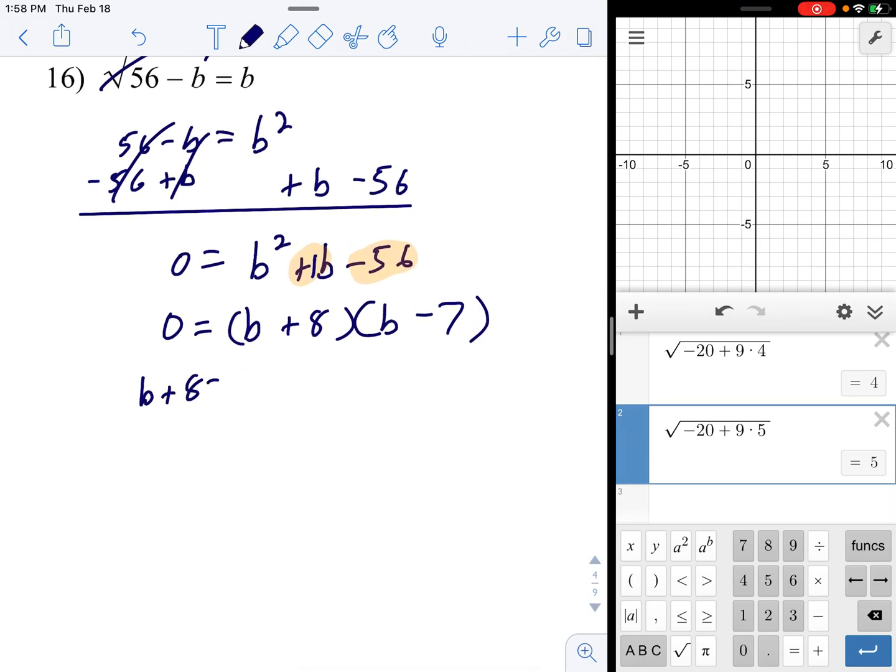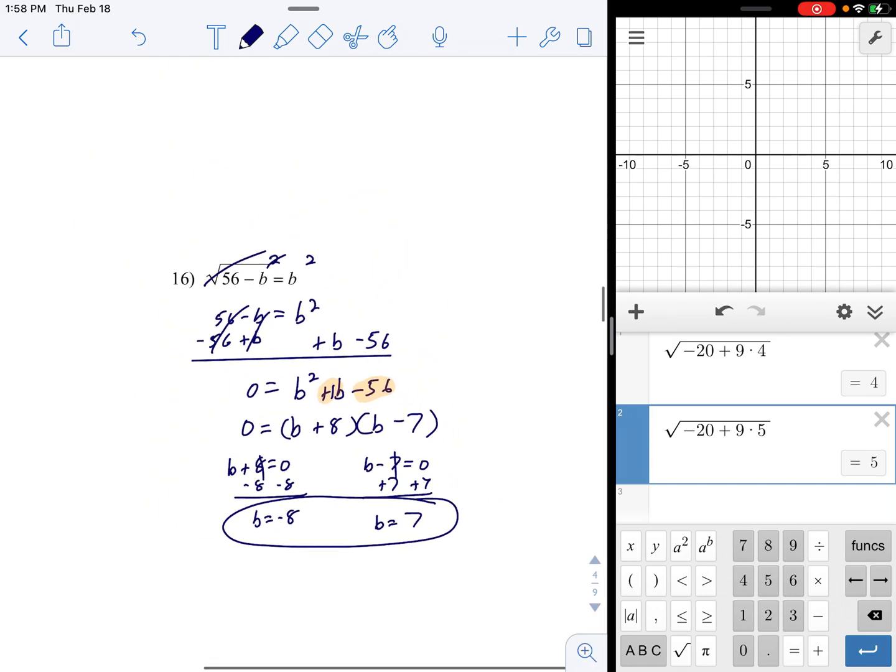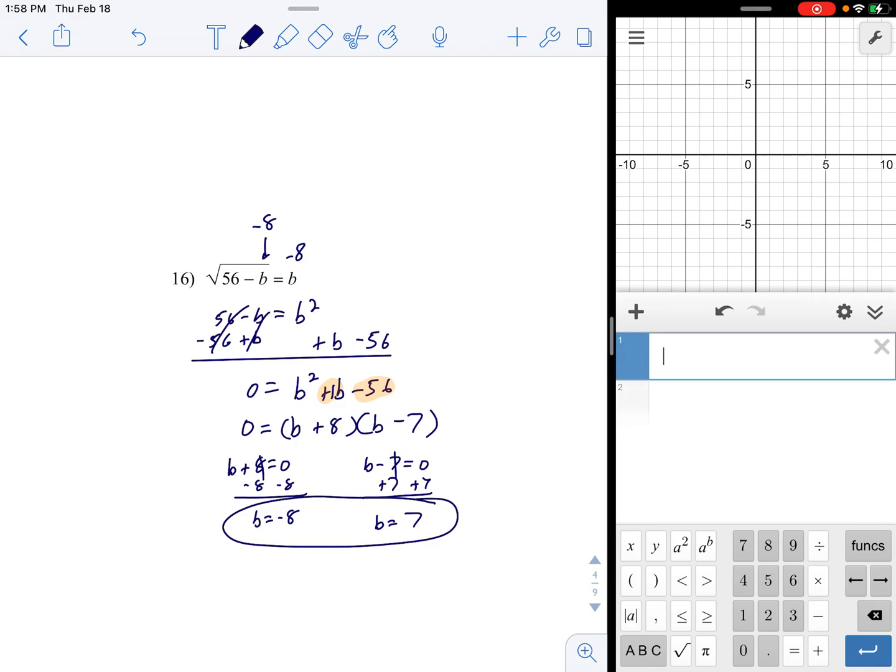So b plus 8 equals 0, b minus 7 equals 0. Subtract 8 on both sides, you get -8. Add 7 on both sides, you get 7. So again, it looks like two answers. Let's plug them into the original and check. When I plug in -8, let's see what happens.